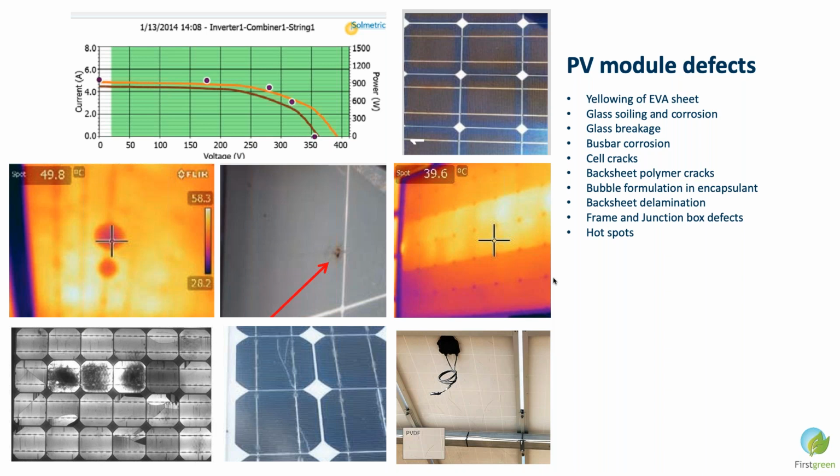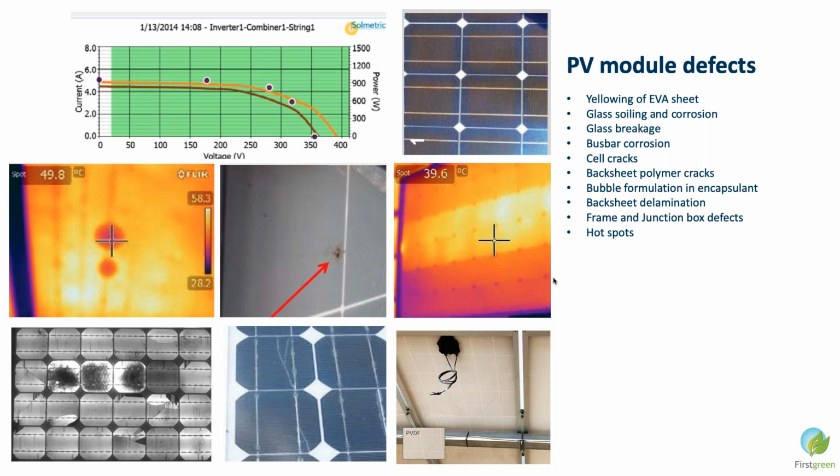Sometimes you will find that the glass is soiling, with some corrosion, or the glass is getting yellowish, or the color of the glass is degrading. This is also one type of defect. It means the iron content in the glass is higher, and you should go back to your module supplier, since the module is not up to standard.